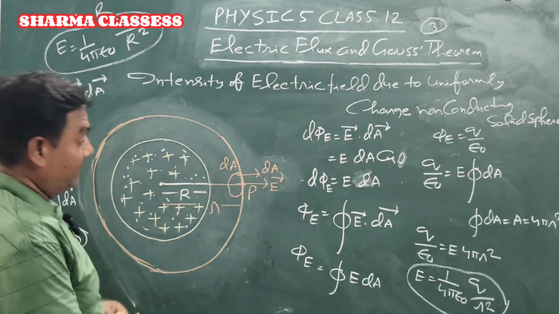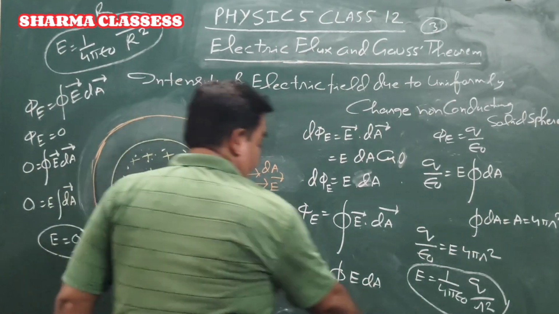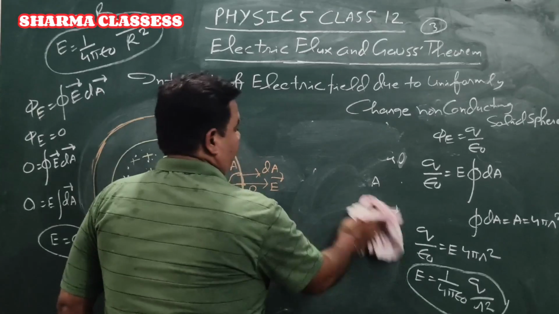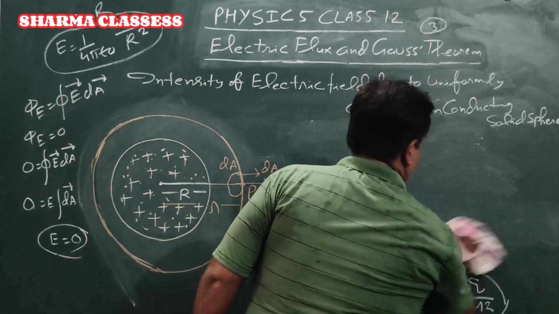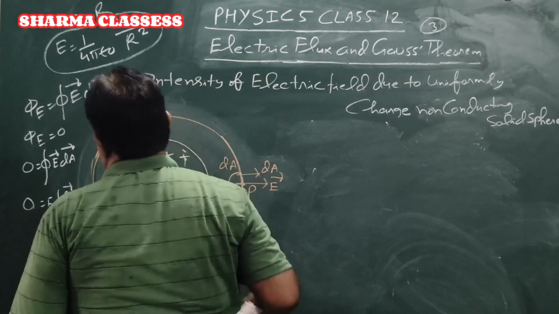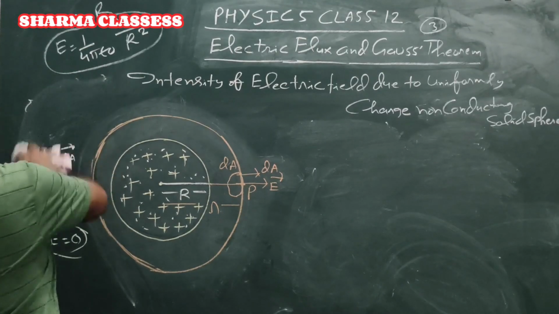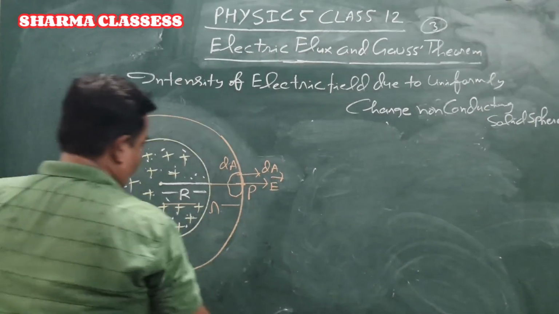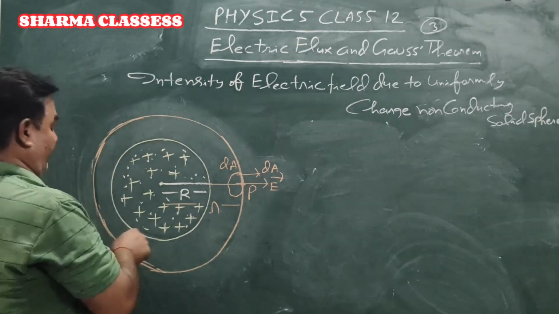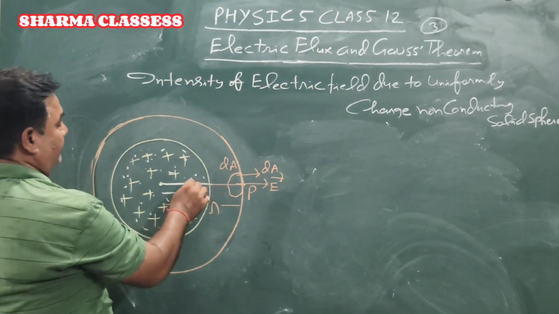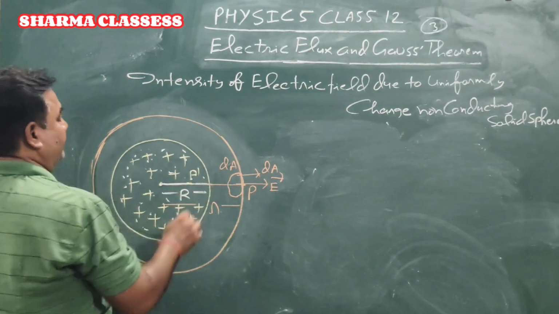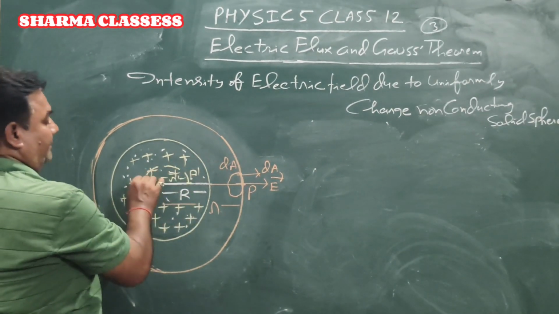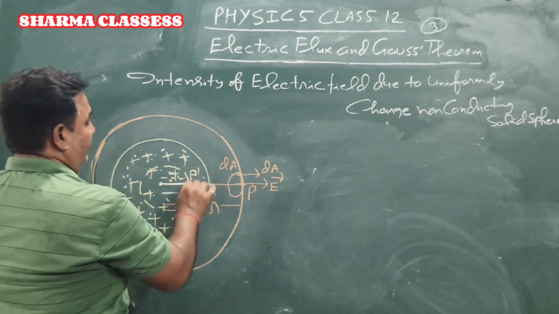But the intensity is not zero inside the non-conducting sphere. See this. When we take any point inside the sphere, suppose this is P dash at a distance r dash, and draw a closed surface to find the electric field at this point.